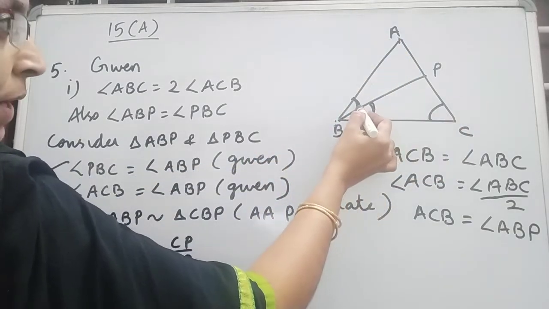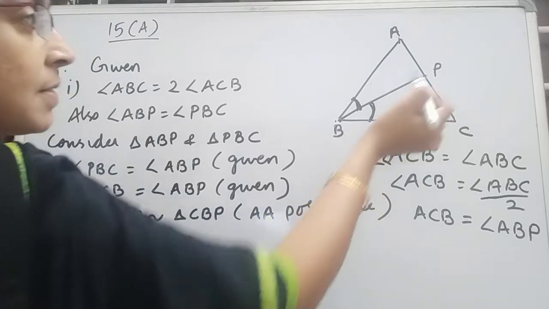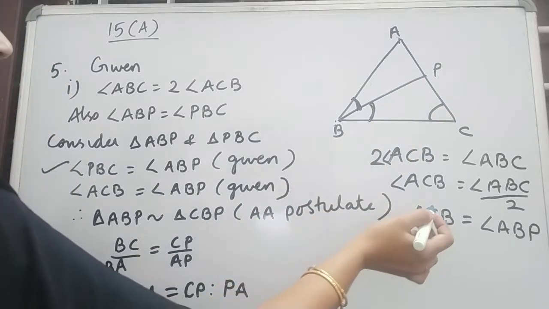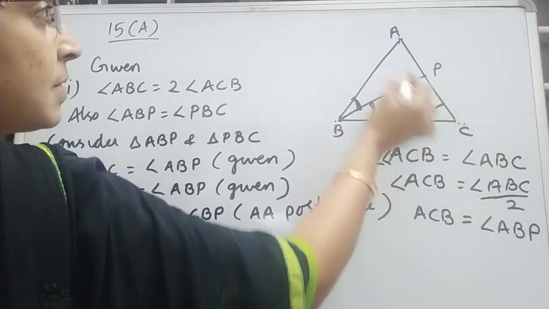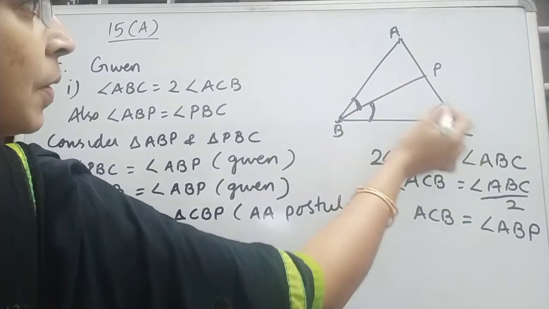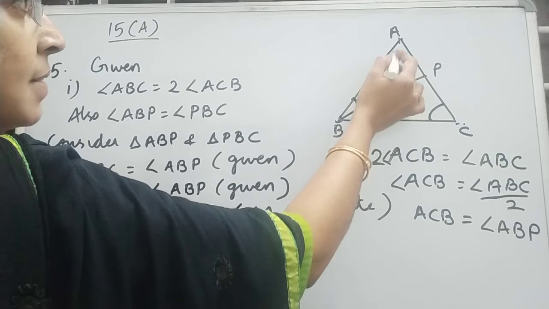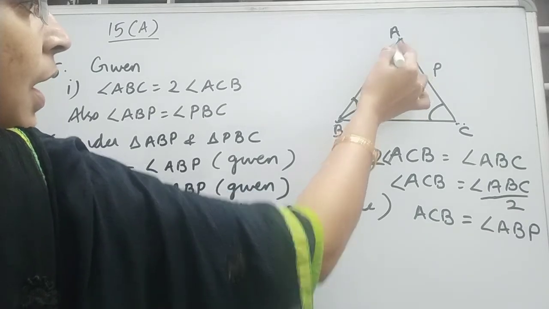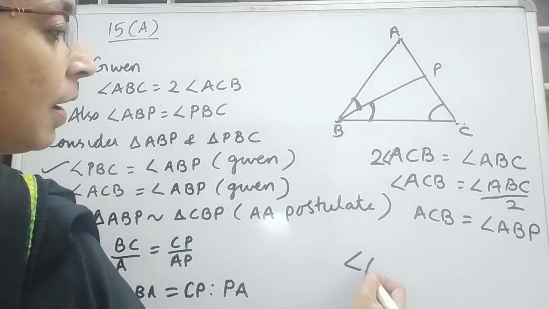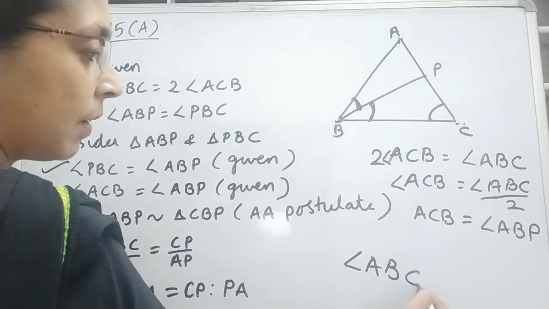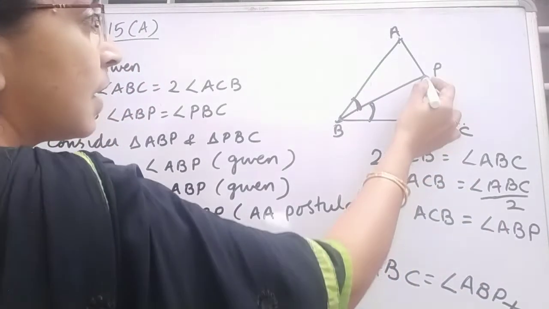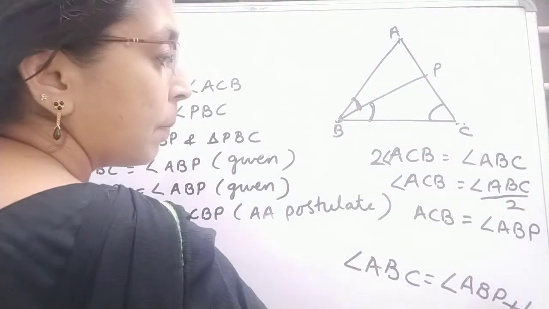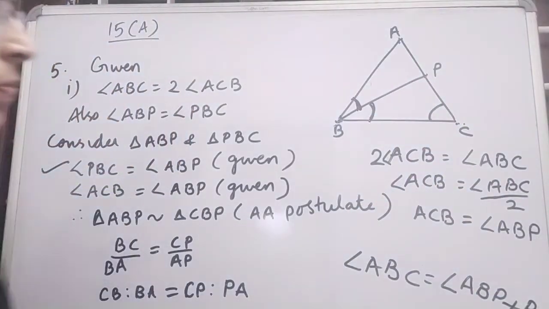ABC by 2 means, since BP is the bisector, the total angle ABC can be written as what? Angle ABC can be written as angle ABP plus PBC.